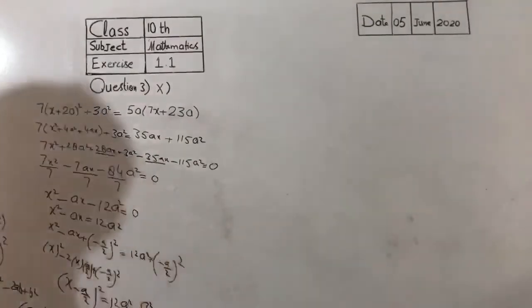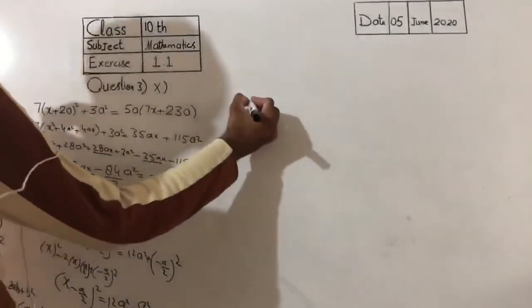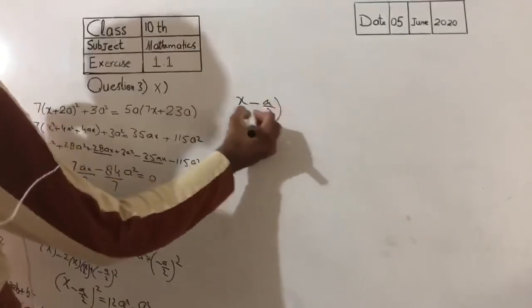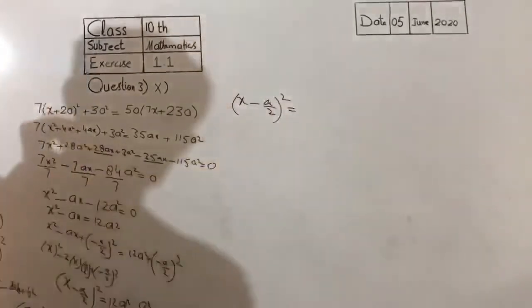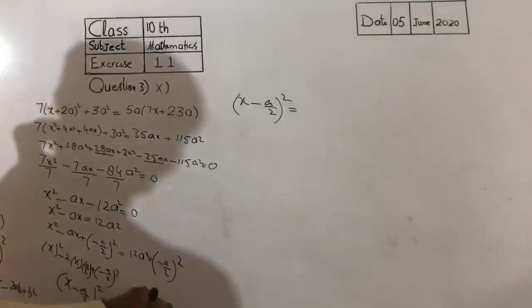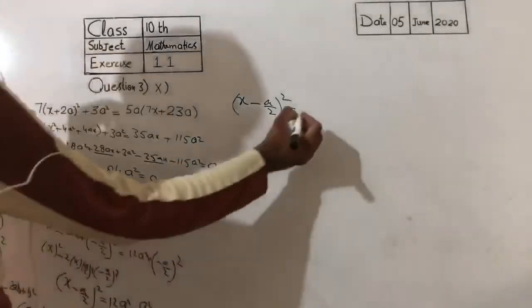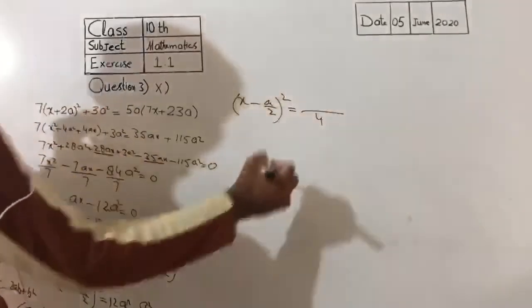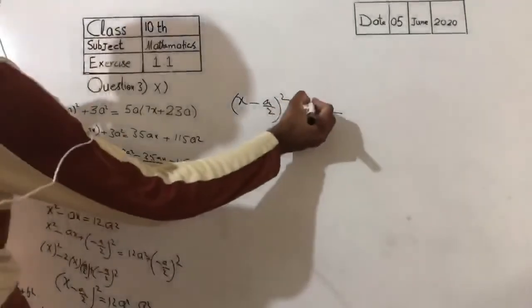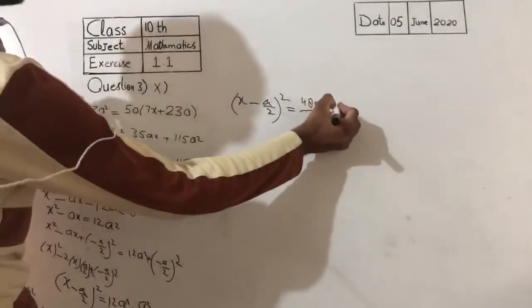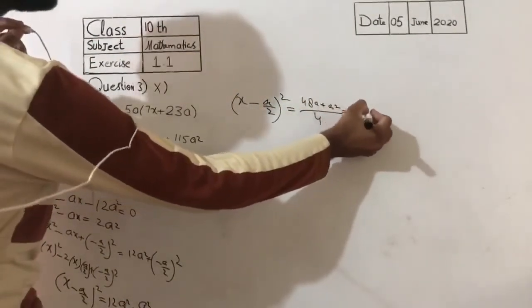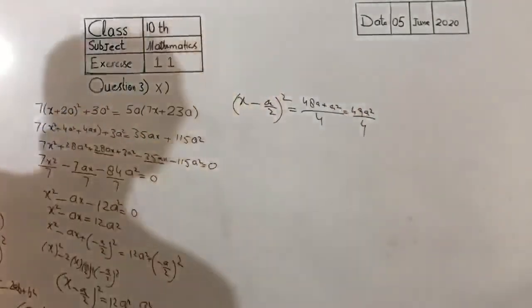Now (x minus a over 2) whole square is equal to, we take LCM of 12a square plus a square over 4. When we take LCM we get 4 here, and 12 multiplied by 4 we get 48a square plus a square, that is equal to 49a square over 4.